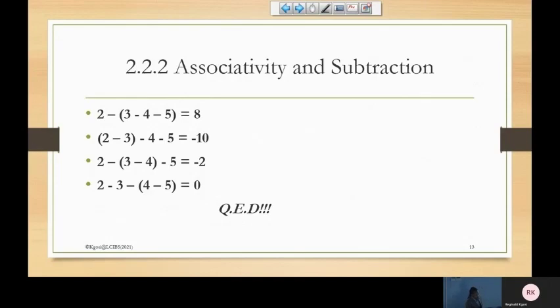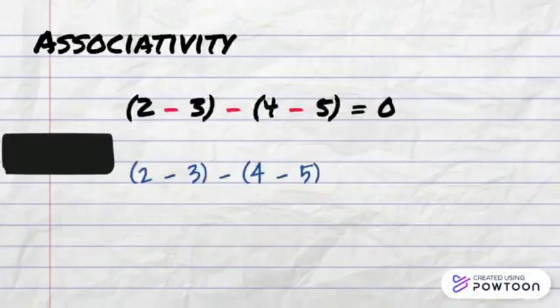Then finally we have the 4 minus 5. You start with that first. That gives you negative 1. Then you say 2 minus 3. That's negative 1. You have that negative 1 minus that other negative 1 there. So you see it's minus negative, that's plus. It's negative 1 plus 1, which is 0.